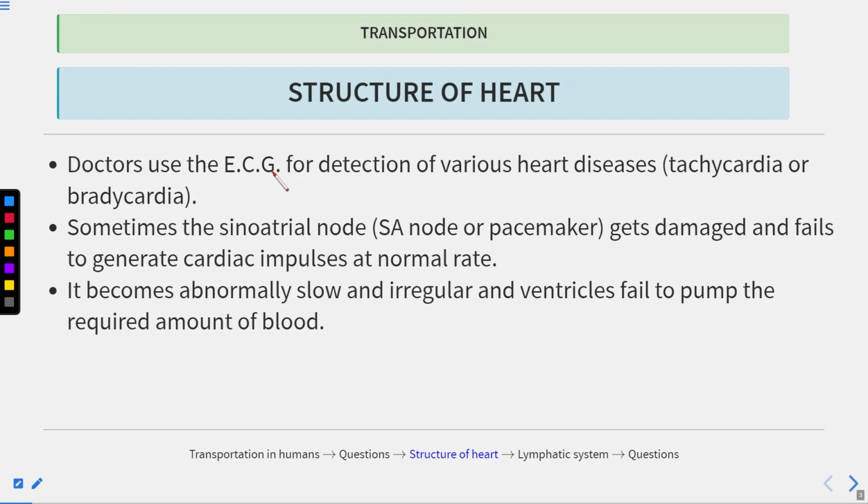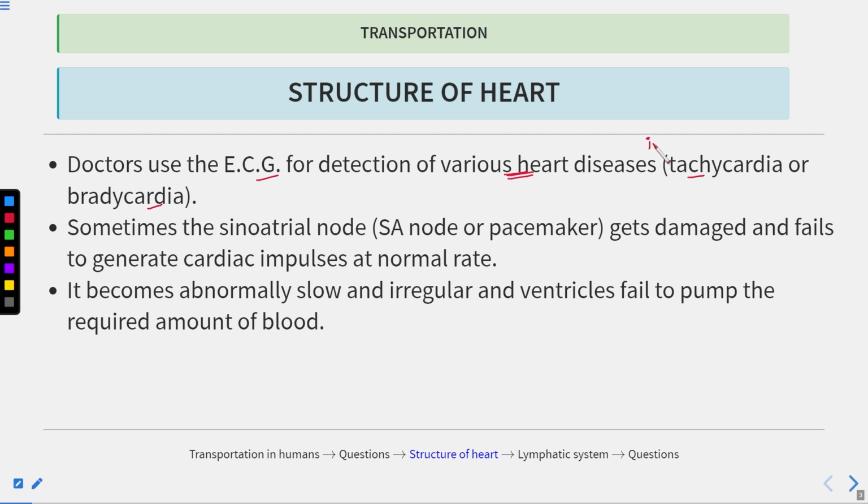Doctors use this ECG for detection of various heart diseases, such as tachycardia as well as bradycardia. What is tachycardia? Tachycardia means an unusual increase in the heartbeat.